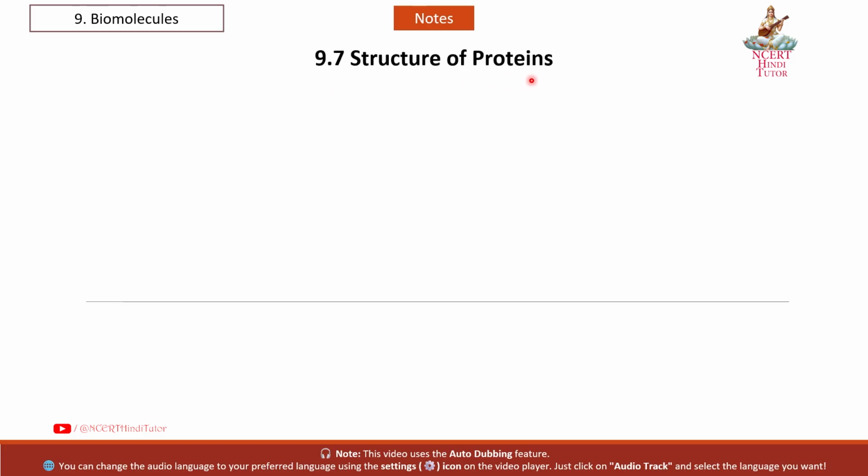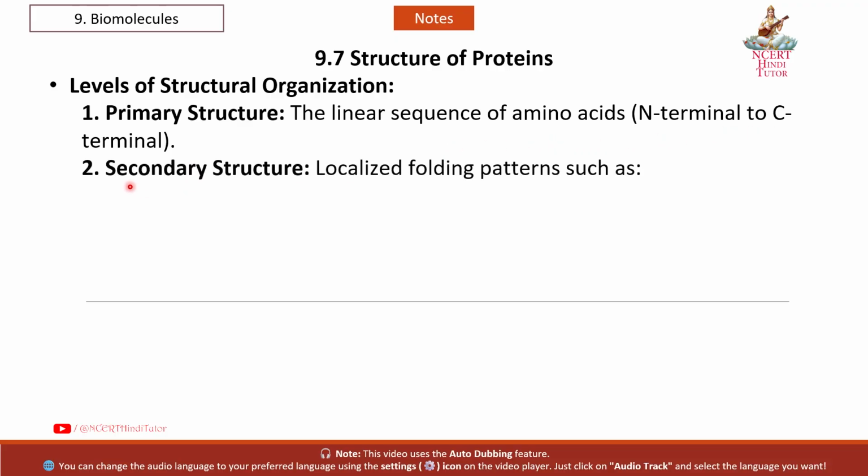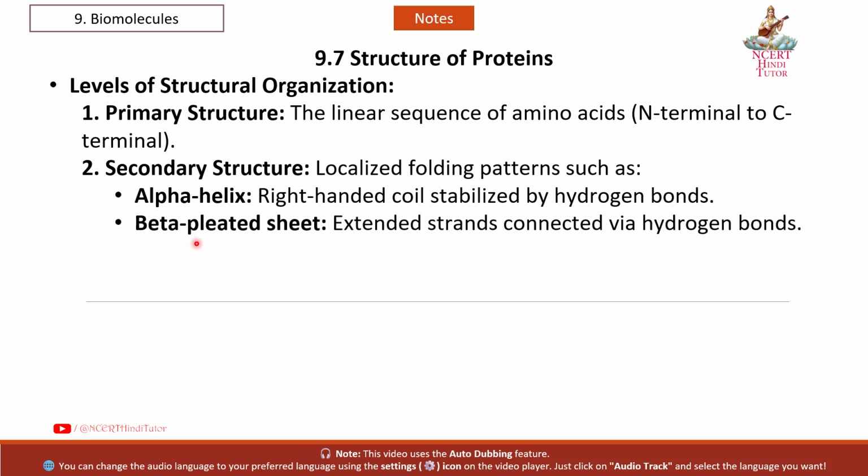9.7 Structure of proteins. Levels of structural organization. First, primary structure: the linear sequence of amino acids, N-terminal to C-terminal. Second, secondary structure: localized folding patterns such as alpha helix, a right-handed coil stabilized by hydrogen bonds, and beta pleated sheet, extended strands connected via hydrogen bonds.